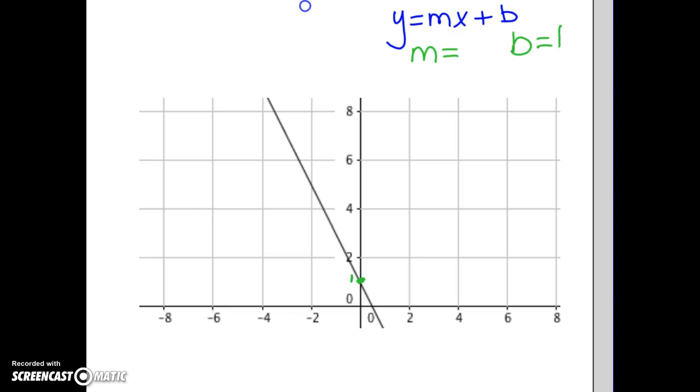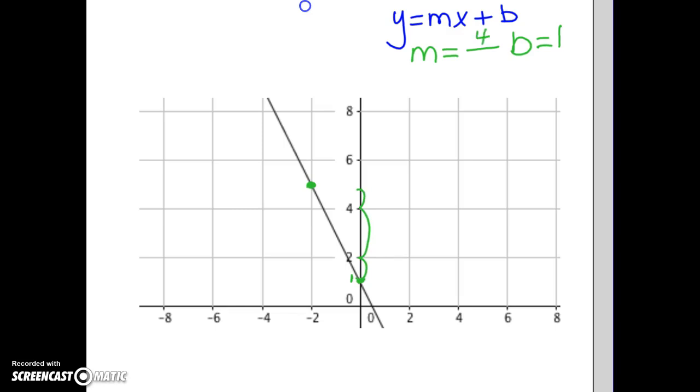And my slope, I do see that I have a second point right here. Remembering again that each whole box is worth 2, I'm going to rise, how many? Let's see. 1, 2, 3, 4.